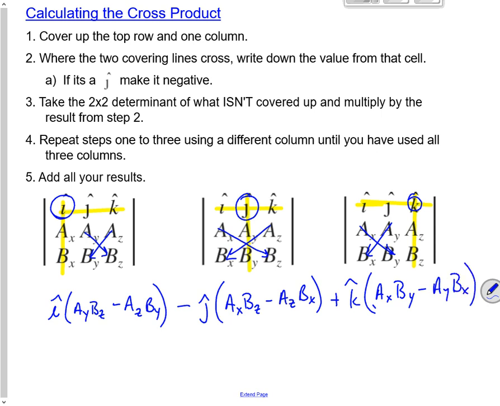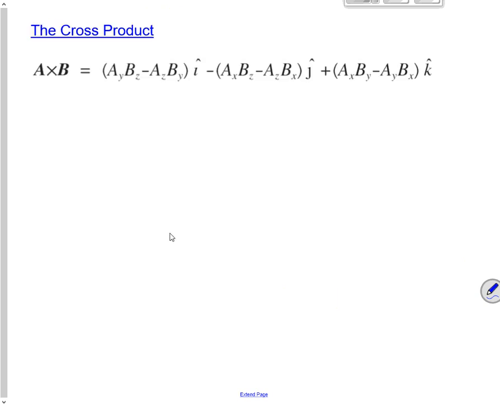I know it's big and long and ugly. Can't help it. So there's your cross product, written out in all its gory details.